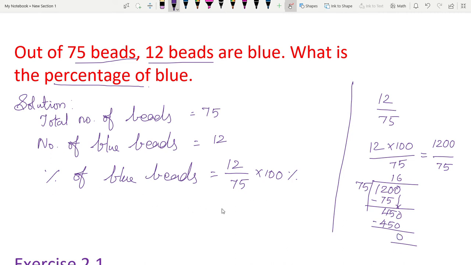From this, we can write percentage of blue beads equal to 16 percentage. First we have to take the total number of beads and the number of blue beads, write them in fraction form. After that, percentage of blue beads equal to 12 by 75 into 100 percentage. We get the answer as 16 percentage.